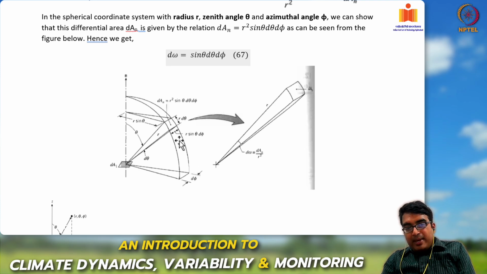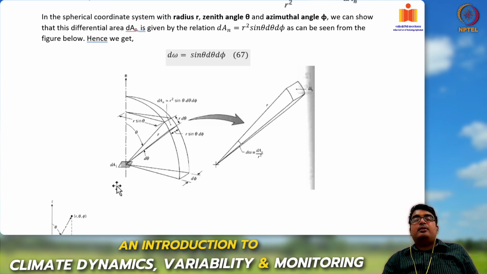This meridian will hit the equatorial circle somewhere, and then the azimuthal angle phi is the angle between this point and a chosen equatorial plane. So there is one line here and another line here, and the angle between that line and the meridian where it hits the equatorial circle is phi, which is the azimuthal angle phi, and the angle between the vertical axis and this radius here is the zenith angle theta.